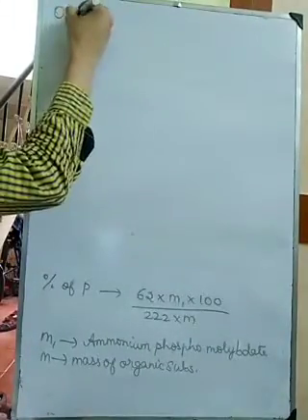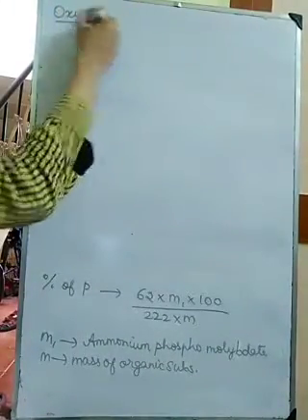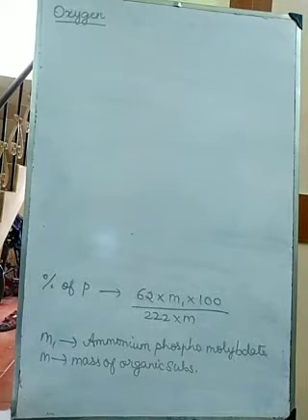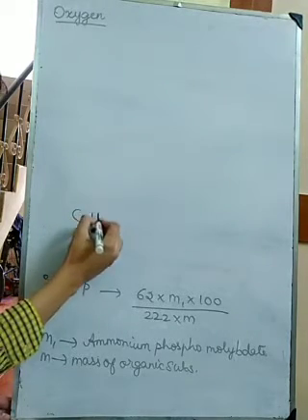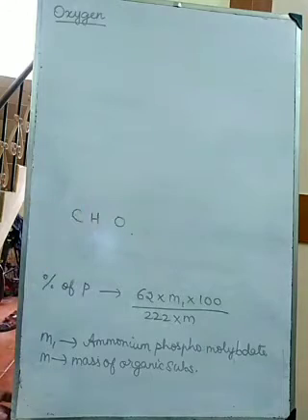Now we are going to find out the percentage of oxygen. So how will we find the percentage of oxygen? Usually the organic compound will contain carbon, hydrogen, oxygen.